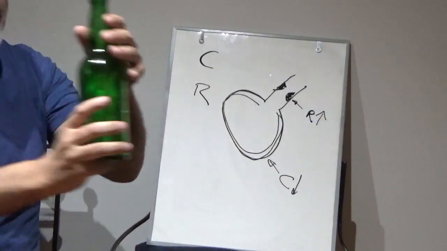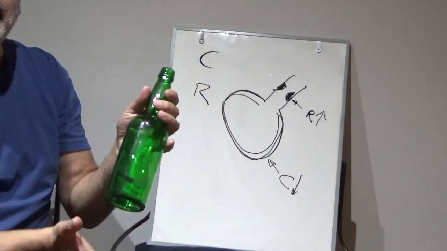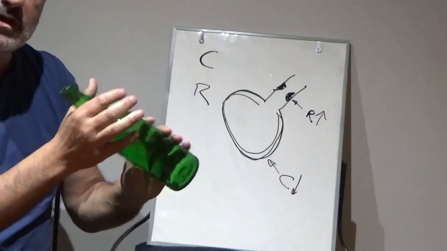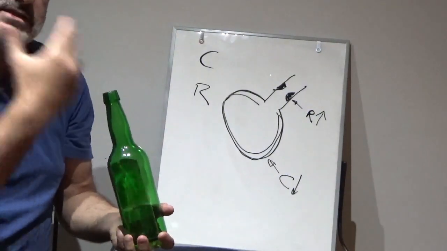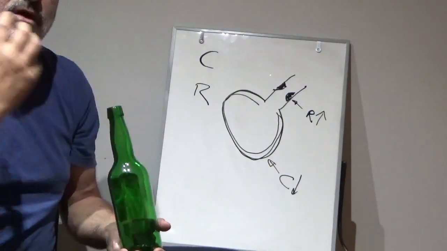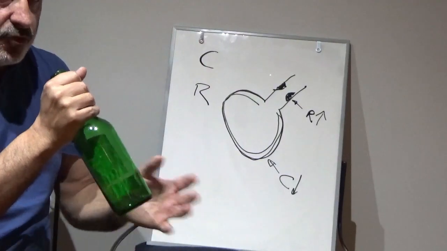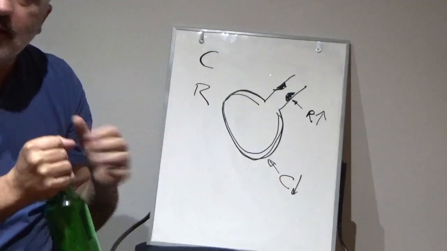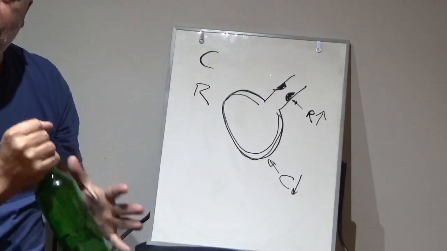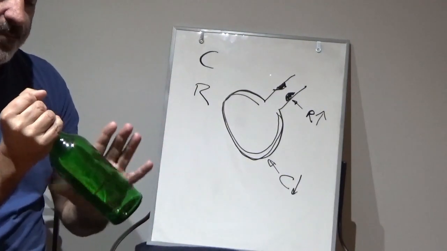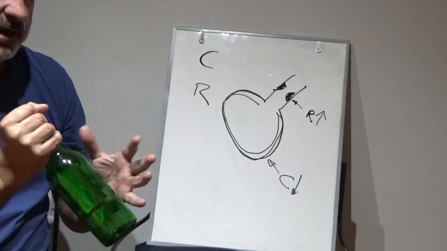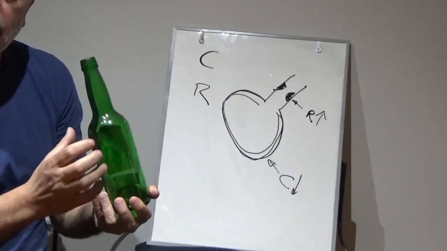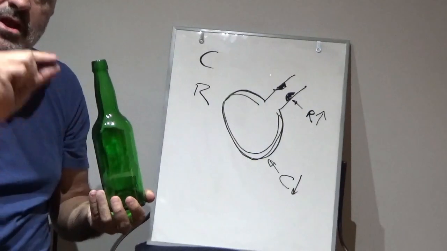So now I want to increase the pressure inside of this bottle, in the same way, with my mouth. I can fill the bottle very quickly because the compliance of the bottle is very, very low.